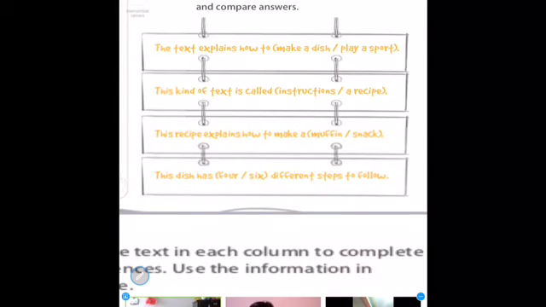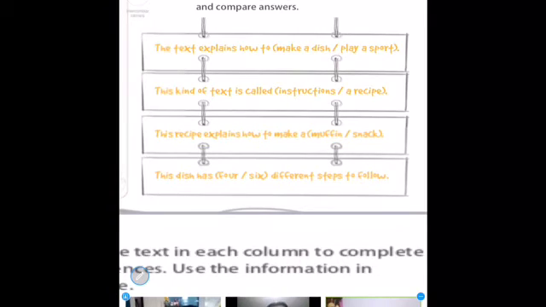The text explains how to make a dish or play a sport. Raise your hand, guys. Volunteers or victims? Okay, Yesenia, thank you. The text explains how to make a dish or play a sport, Yesenia.